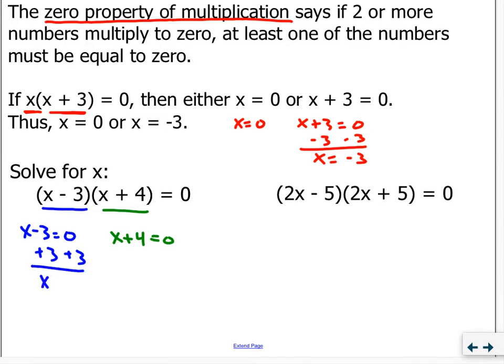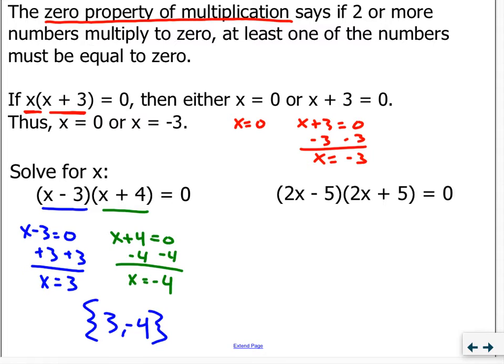Add 3 to both sides, so x equals 3. Subtract 4 from both sides, so x equals negative 4. So if we want to write our solution set, the answers to that equation are 3 and negative 4. Those are the zeros. Those are the x values.